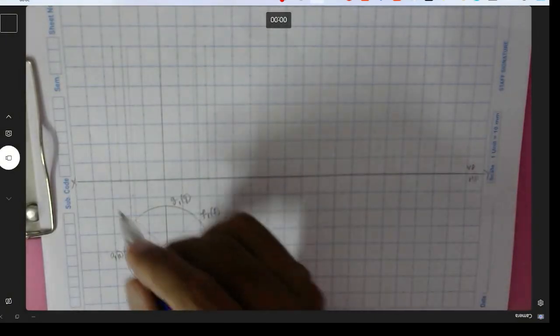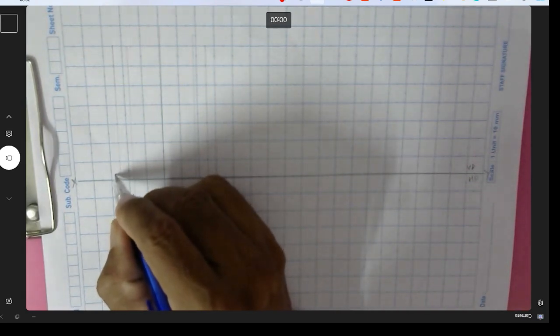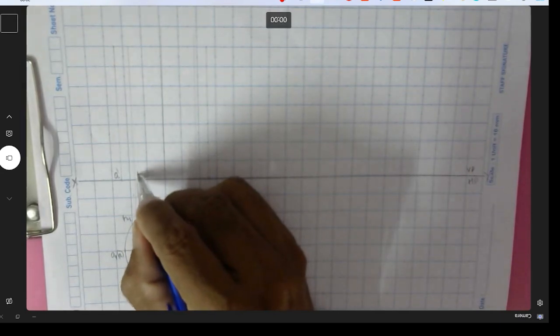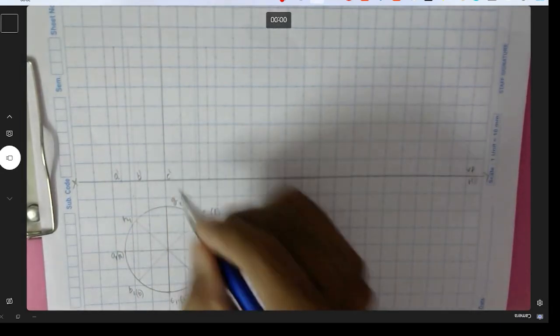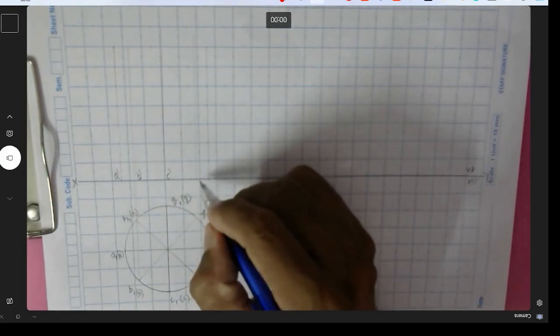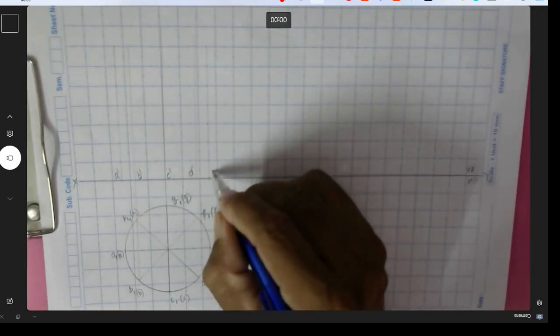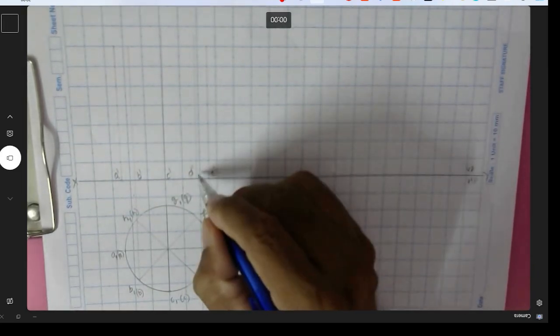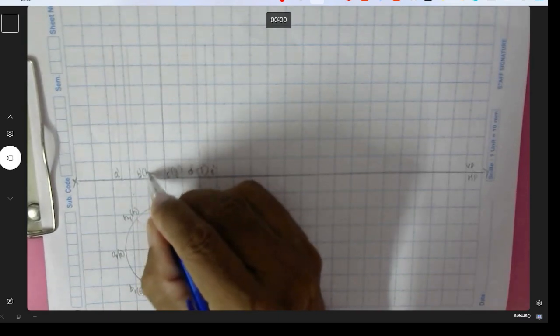Now let us mark first the base surface points here, A dash. Now this construction line refers to B dash, this refers to C dash, this one refers to D dash, so here it is E dash. So now behind F dash, G dash and H dash.